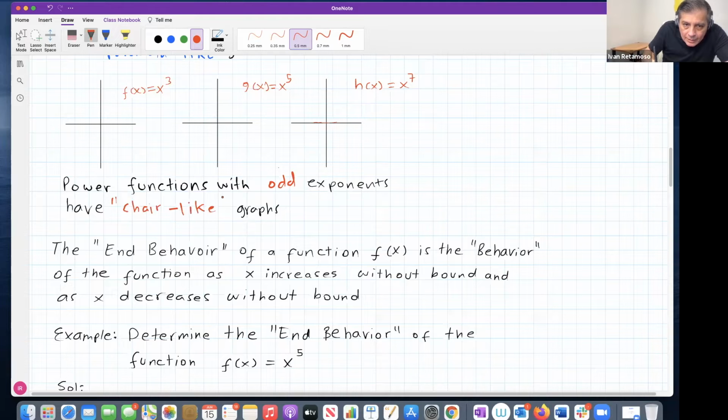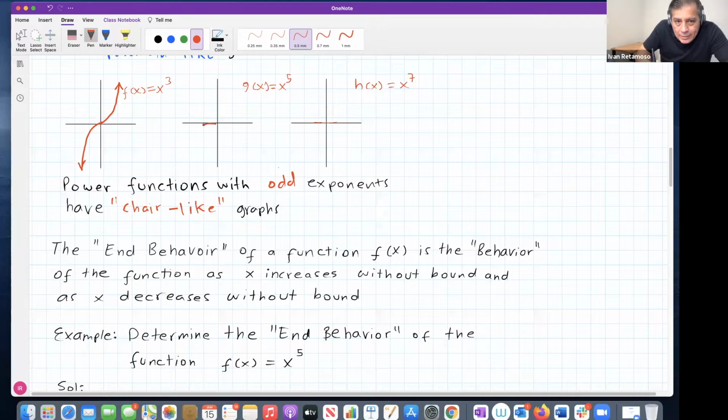Chair-like graphs, right? Just like the ones with even exponents resemble a parabola, these resemble the graph of a cubic function, right? So f of x equals x cubed, we know from our knowledge of cubic functions, that the graph of this looks like a chair like this, right? Now, what happens if you increase your exponent from 3 to 5? Well, similar idea, right?